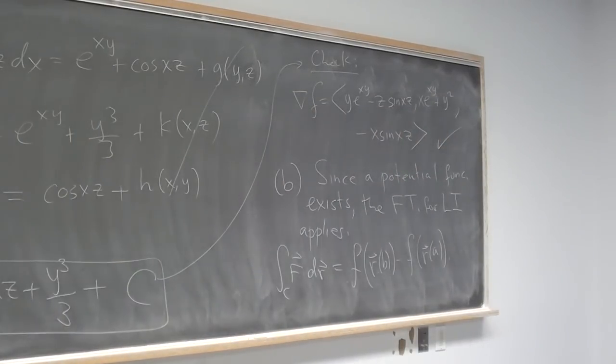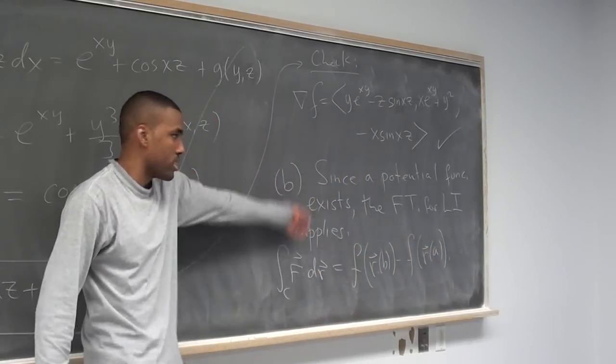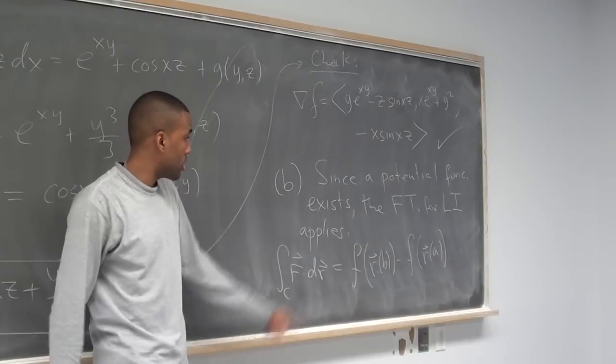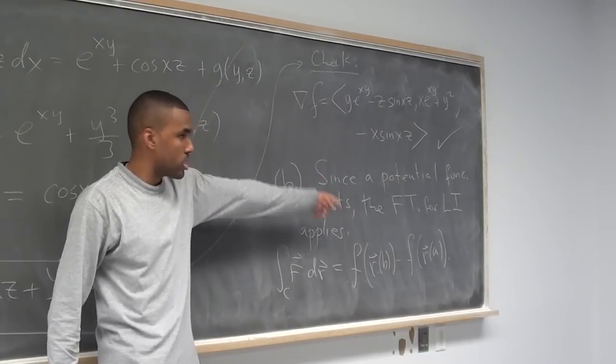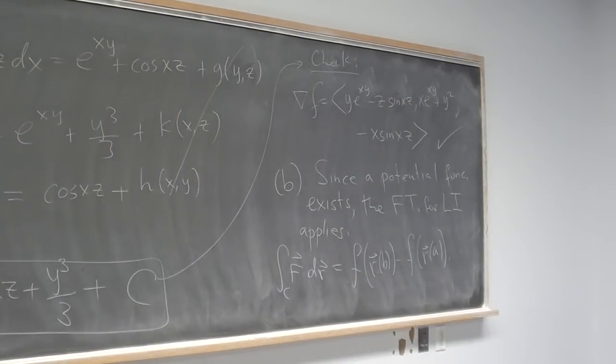That's crazy. Wait, so we need to actually write that down? We can't say that since... No, well, if you just write this line here and then actually do it, that's fine. I'm writing this down for instructional purposes. I'm explaining why I can do this. Because I know a potential function exists, that implies it's conservative, which implies the fundamental theorem for line integrals applies. All the components are continuous, everything is nice, right?